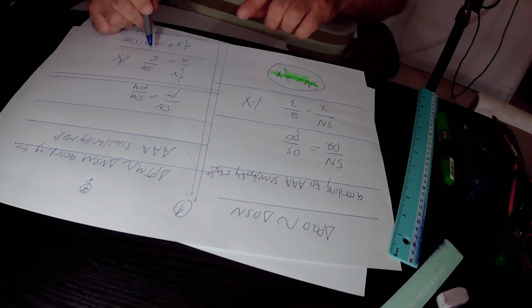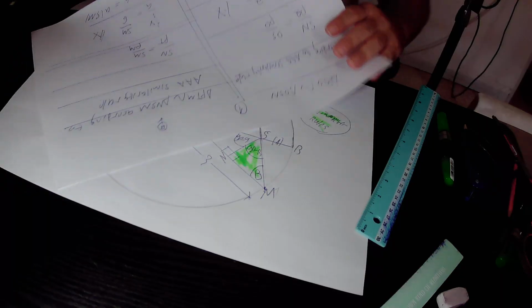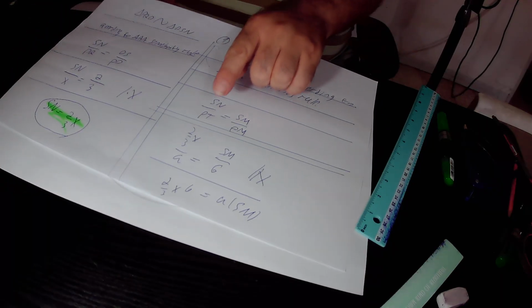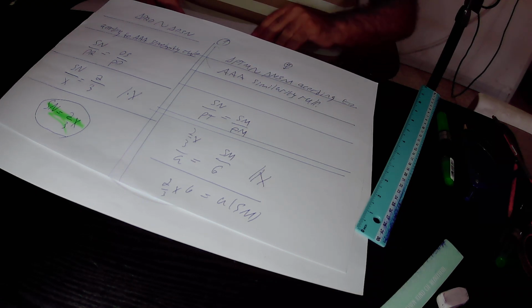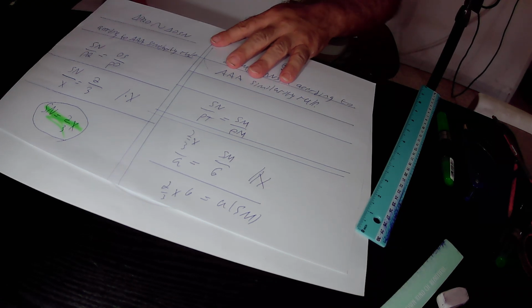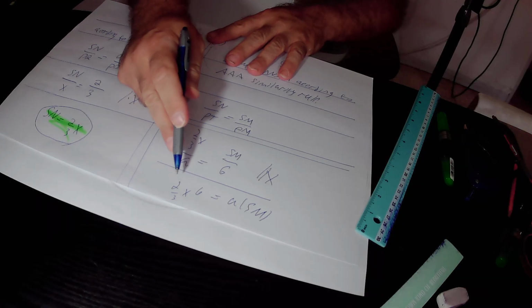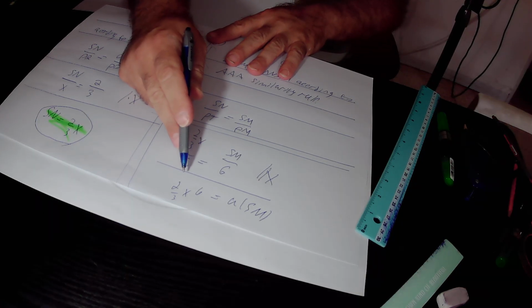After we cross multiply this equation, I should find out that 2/3 x times 6 equals A times SM. 6/3 is 2, and 2 times 2x is 4x.